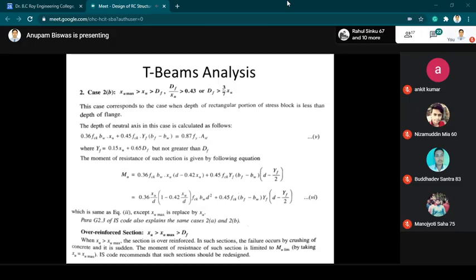So we are again considering the factor yf. To calculate the depth of neutral axis, we equate the total compression with the total tension.